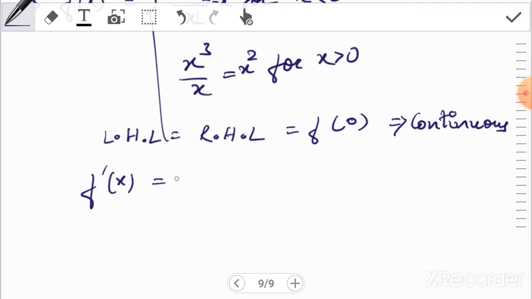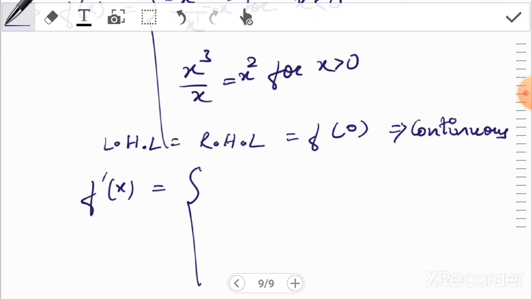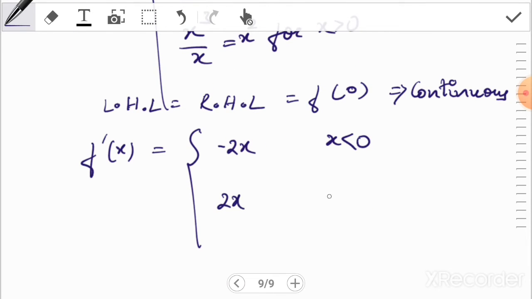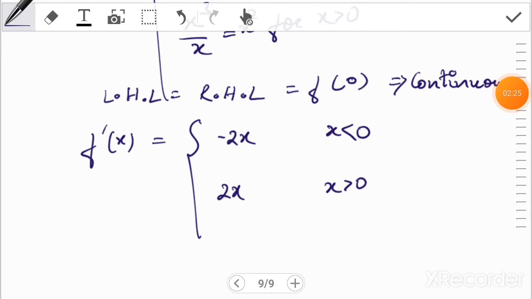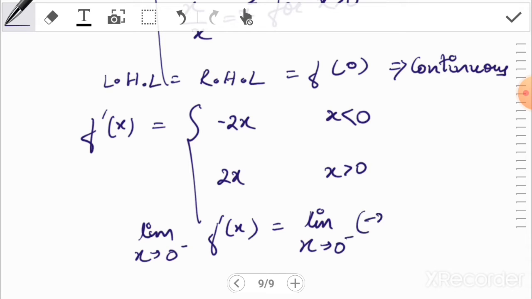So f dash x is minus 2x for x less than 0 and plus 2x for x greater than 0. So at x is equal to 0, limit x tends to 0 minus f dash x is equal to limit x tends to 0 minus 2x, which is 0.